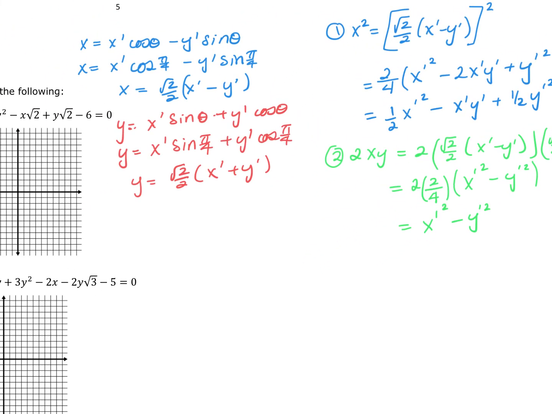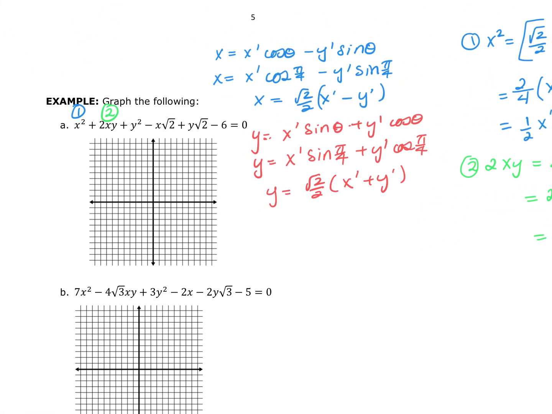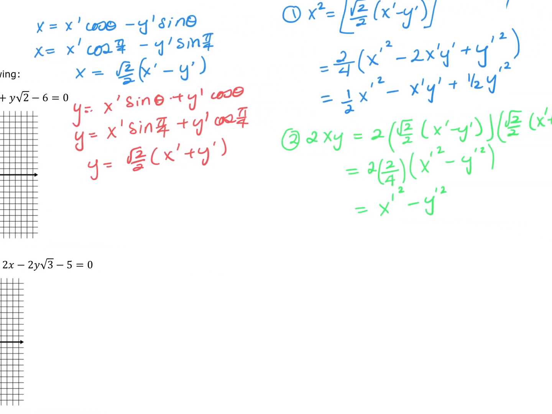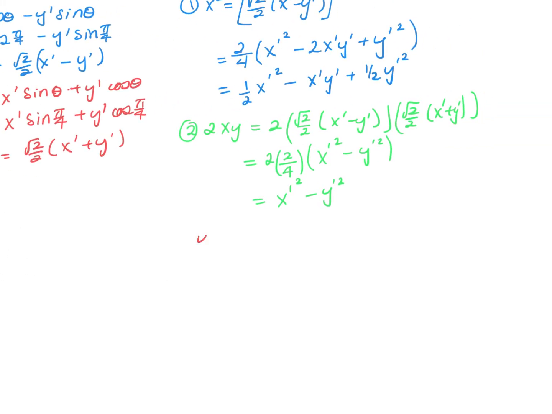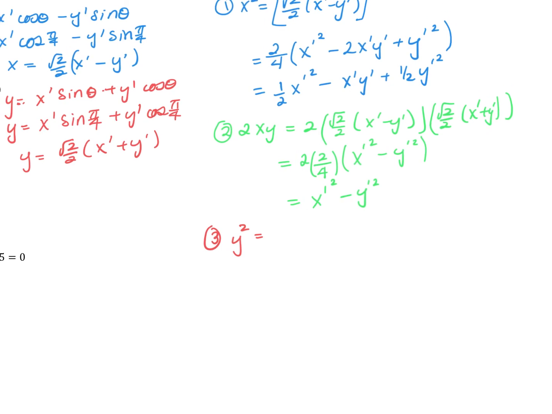All right. Now I have to replace this y squared. So now let's go ahead and do it, and it's a plus there. Just make sure I got a plus. So this is my third replacement. y squared is going to be equal to the square root of 2 over 2, x prime plus y prime, the quantity squared.